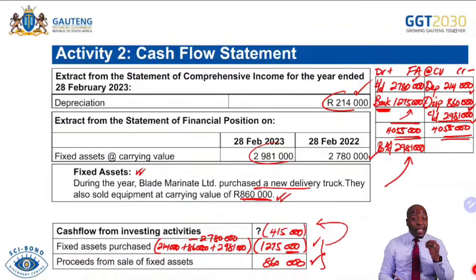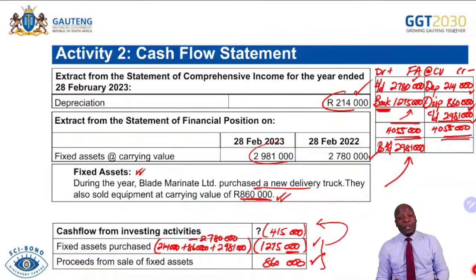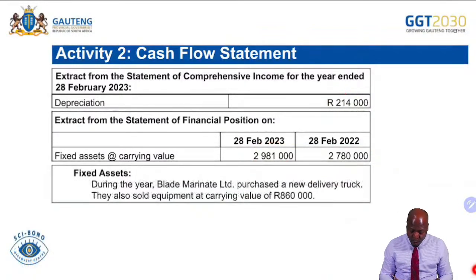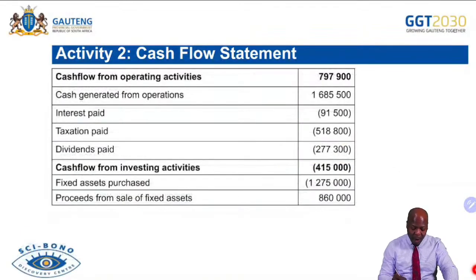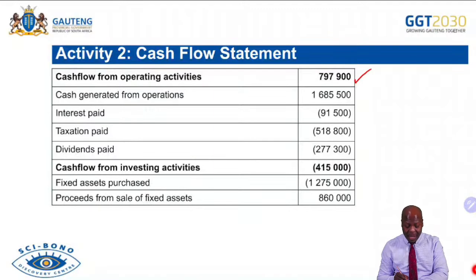And once your calculator tells you minus, you then put brackets to show that it is a cash outflow. Okay, so once we have that, that is where we are now. Then we have a negative 415,000. So far we have done cash flow from operating activities, and we got a positive 797,900, and we also got a cash outflow on cash flow from investing activities, which is 415,000.